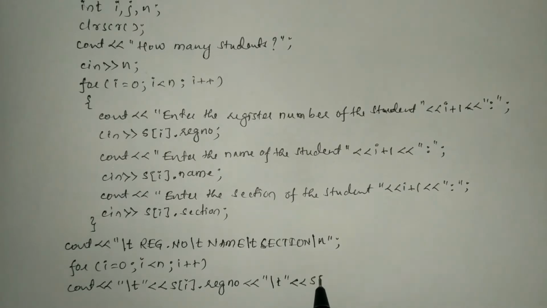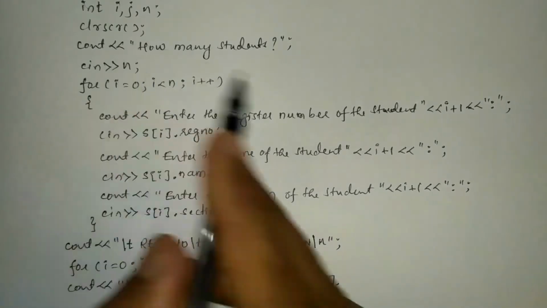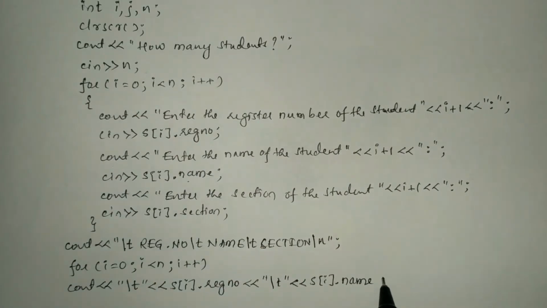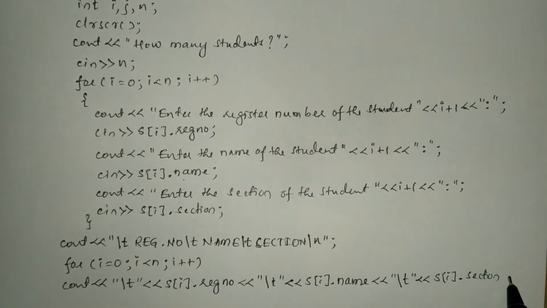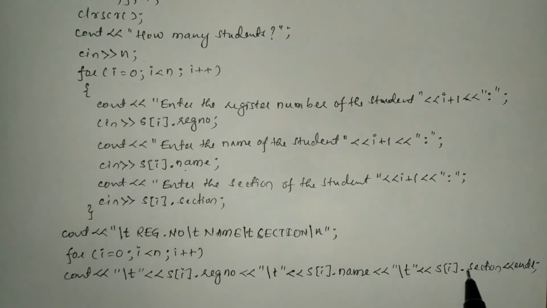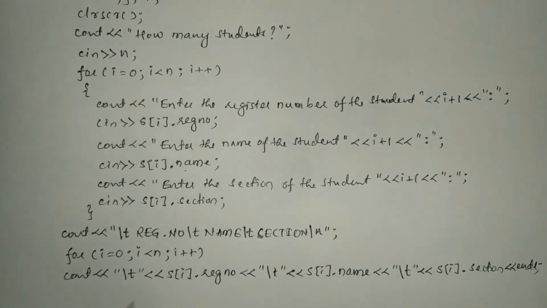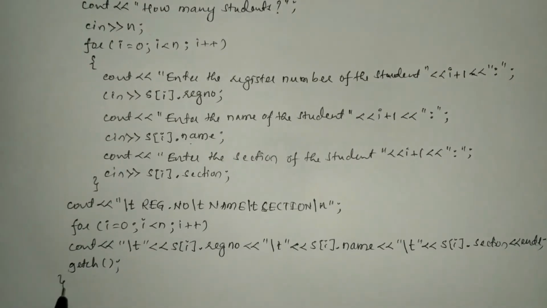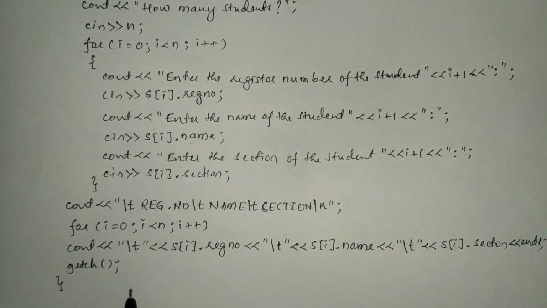Next, stream insertion operator s of i dot name, stream insertion operator, in a double quotation mark \t and the double quotation mark, stream insertion operator s of i dot section, correct? And here you can use stream insertion operator and endl, so that the cursor will come down to the next row, correct? Next we'll write getch function and curly closing brace for main function.